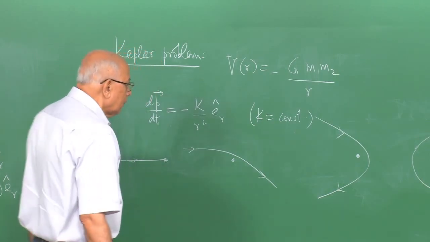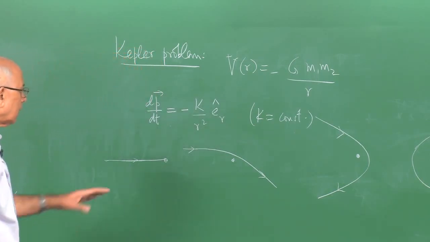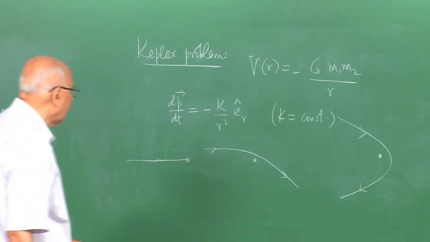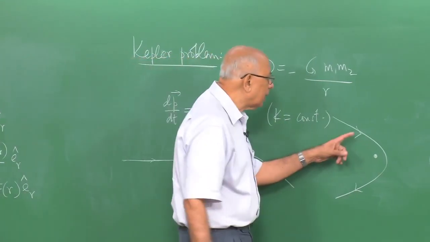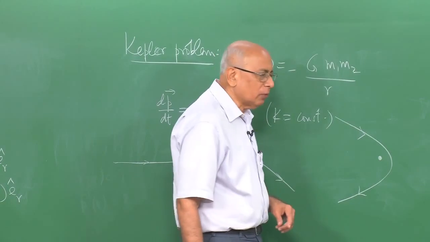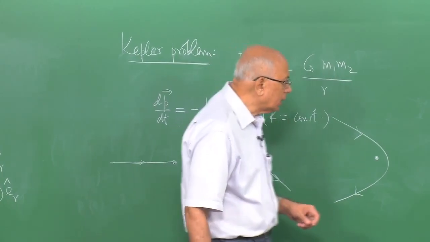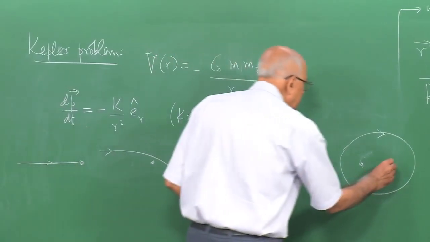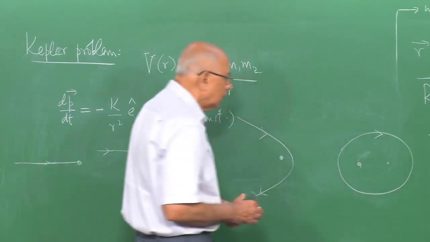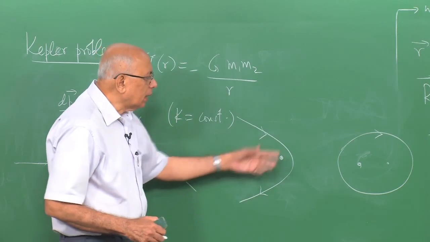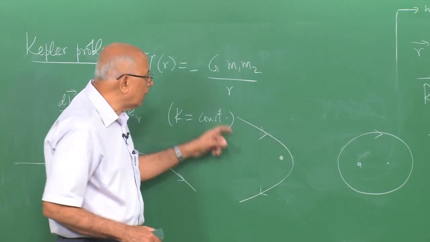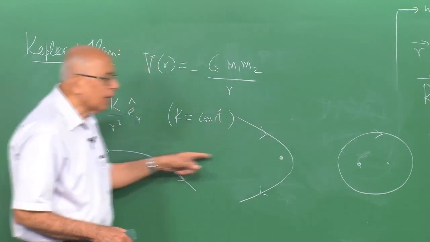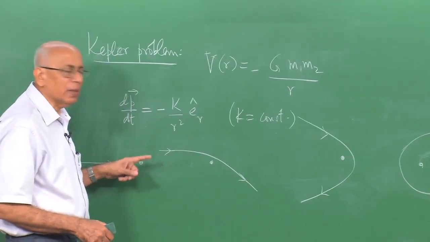a hyperbola of this kind. Now it's interesting to ask under what conditions you have this intermediate case of a parabola, because if you think about it for a minute, you realize that an ellipse has two foci and a parabola is a limiting case of an ellipse when one of the foci moves away to infinity. Okay.